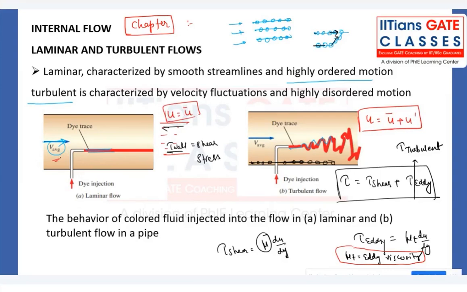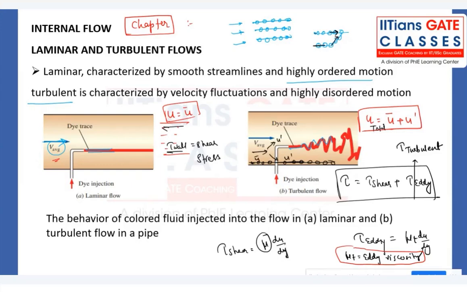But here, they do not have only one component. They have one component and they start dancing like this. So this is the fluctuating component, and this is the average component. Both components together constitute the total velocity in turbulent flow.